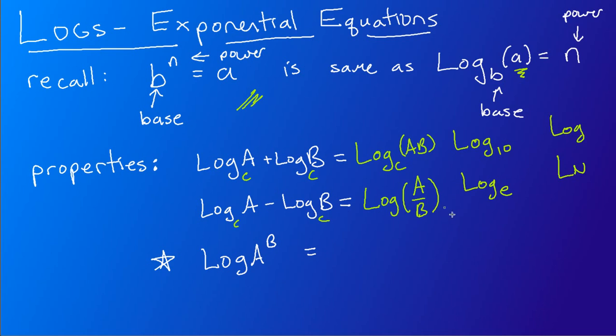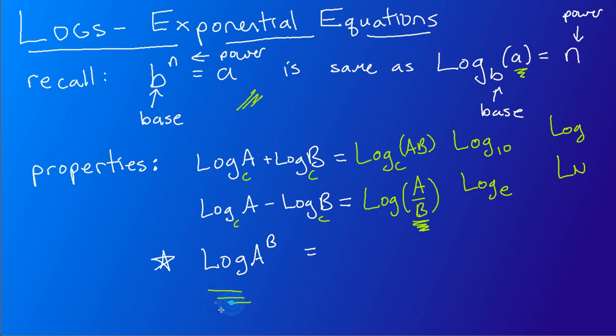Now notice I did not write log A over log B. That's the change of base formula. Don't confuse it here with the quotient rule. I'm writing it as a single log. I'm taking the A and dividing it by B and making it the argument, one single argument in one single log, not multiple things right here.